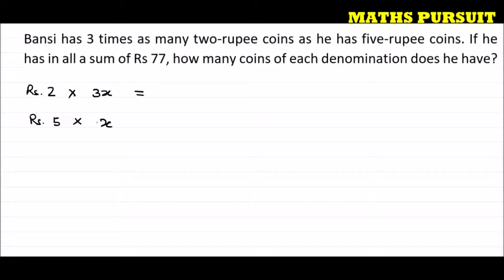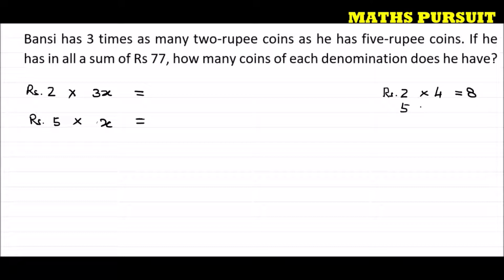Now if we want to know the total amount of 2 rupee coins, how can we do it? For example, if I have 4 coins of rupees 2, then how can I get the total amount? That means 4 into 2, which is 8.